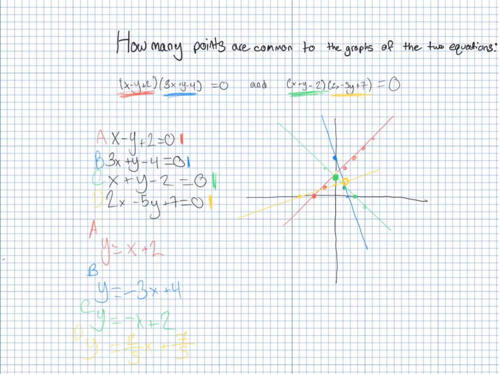And D intersects with A right here. And then we count the intersection points for C. C intersects with B almost at the same spot, right here. And C intersects with A right here. And those are the only intersection points. So therefore, the answer to the problem would be 4.